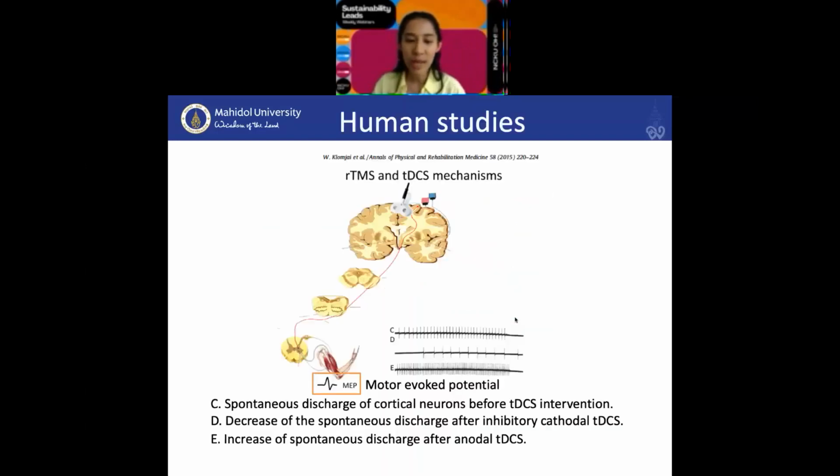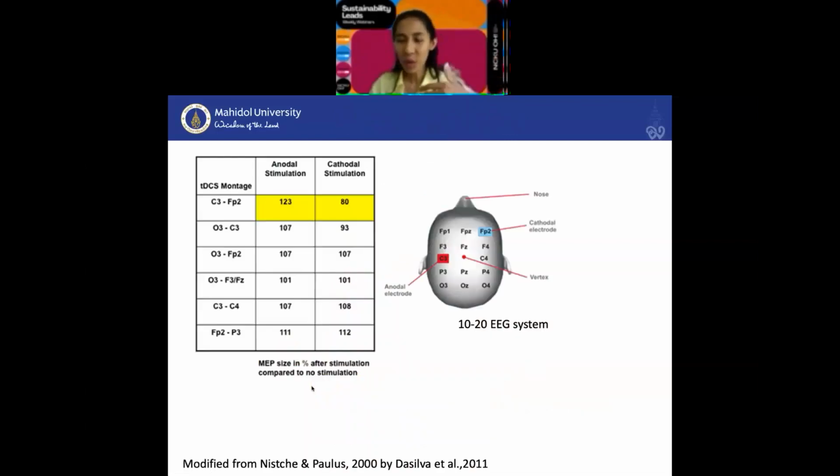They measure MEP like this, the size peak to peak. A big MEP size represents greater cortical excitability, but a smaller MEP size represents lower excitability, all right? So at that time, they would like to change the motor cortical excitability.